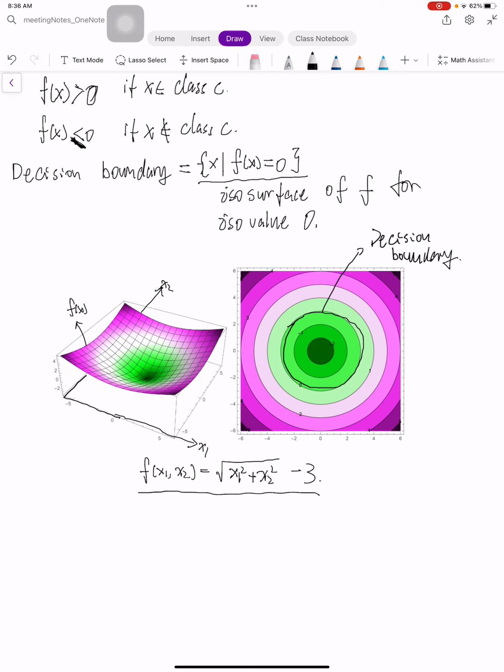So this is called the isosurface of f for iso value 0. Here we introduce some new terminology.